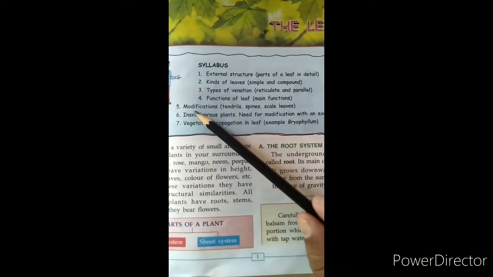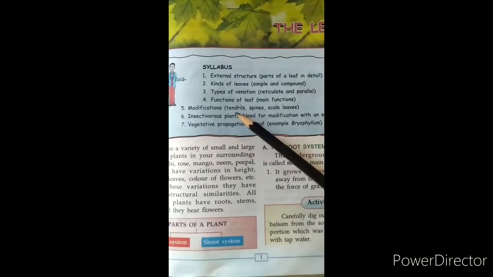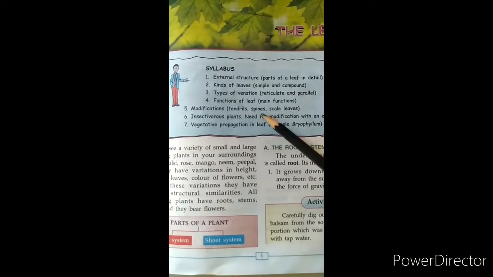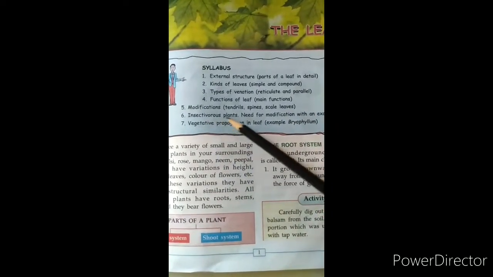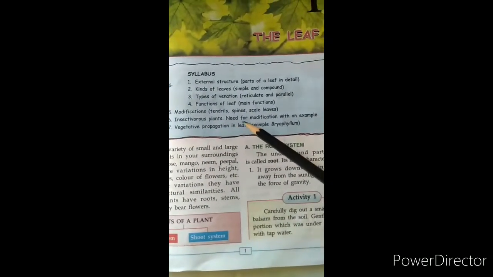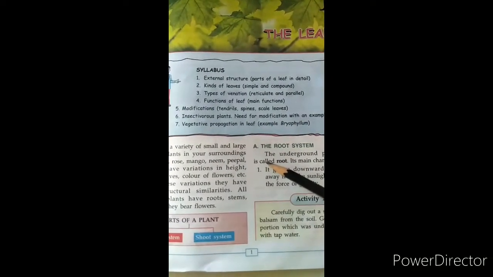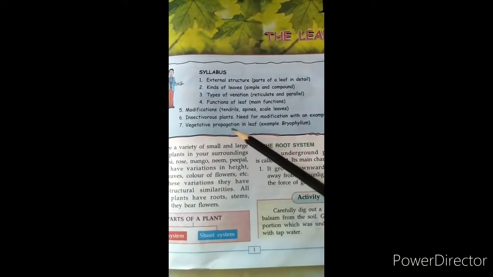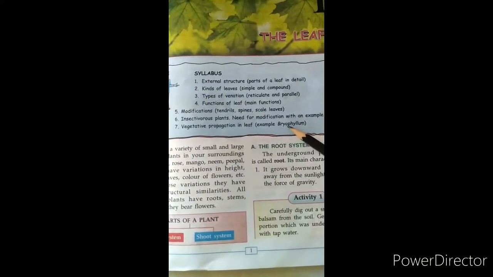Then we'll further look into the modifications of leaves, and we will look at tendril, spines and scale leaf, insectivorous plants, need for modification with an example, vegetative propagation in leaves, example bryophyllum.